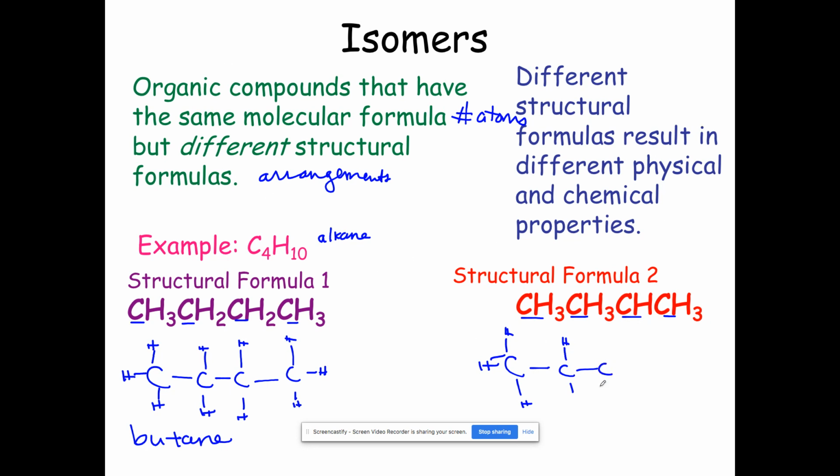Let's have this be the CH, CH3, and then here's my CH3. Wait, I'm confused. Relax. CH3, CH3, CH, CH3. This is called methylpropane. I don't know how to name that. Don't worry, we'll get to it.